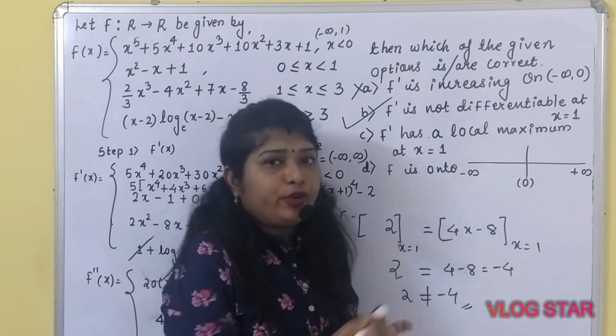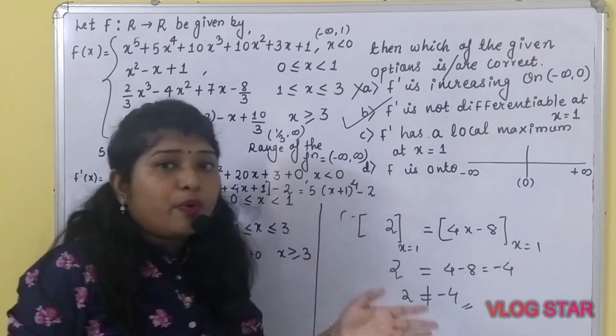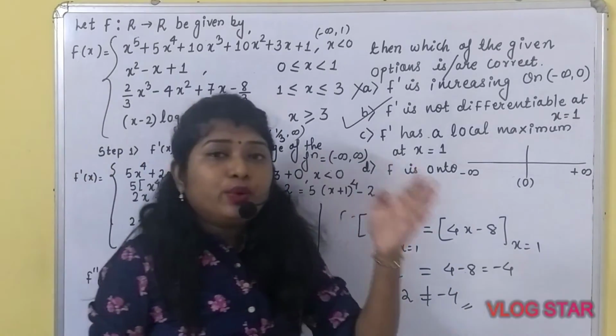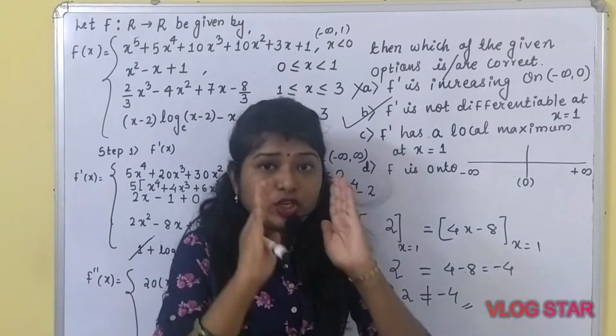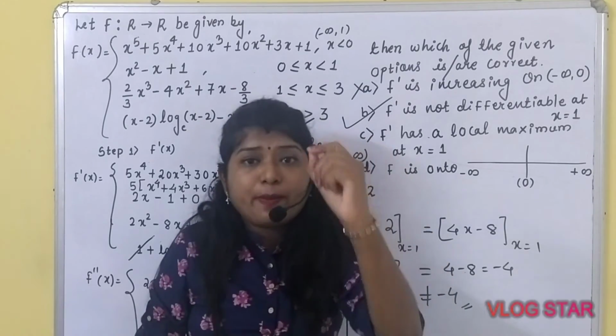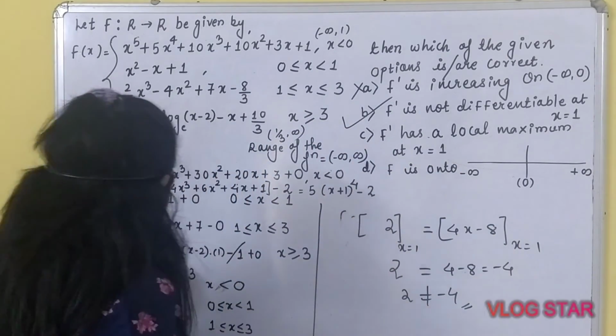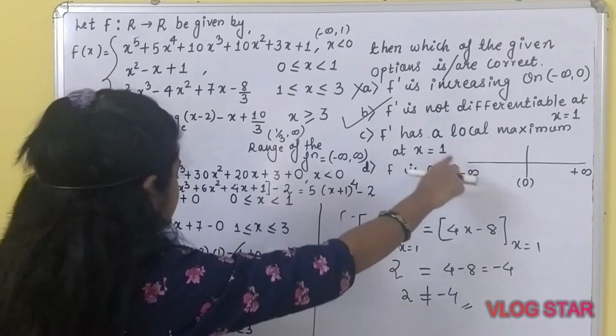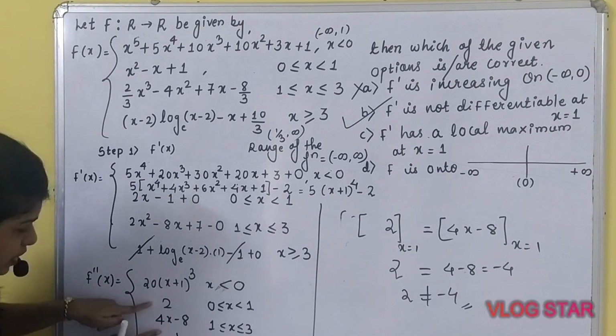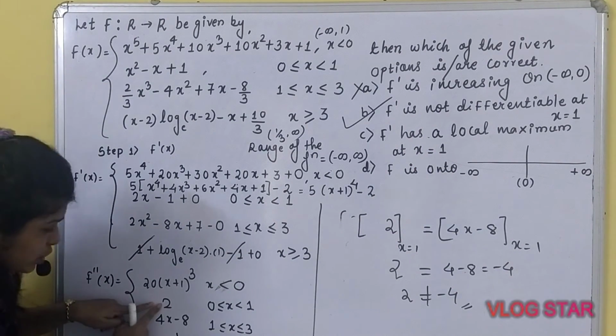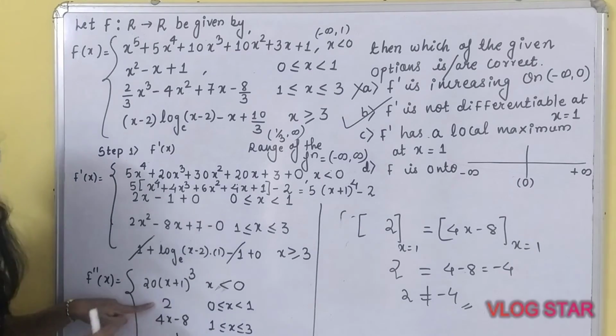So how are you going to find out whether the slope is from positive to negative or negative to positive? For that purpose, you need to concentrate on f double dash of x. So what is f double dash of x at x is equal to 1? If you observe carefully, this is plus 2 and this is minus 4.